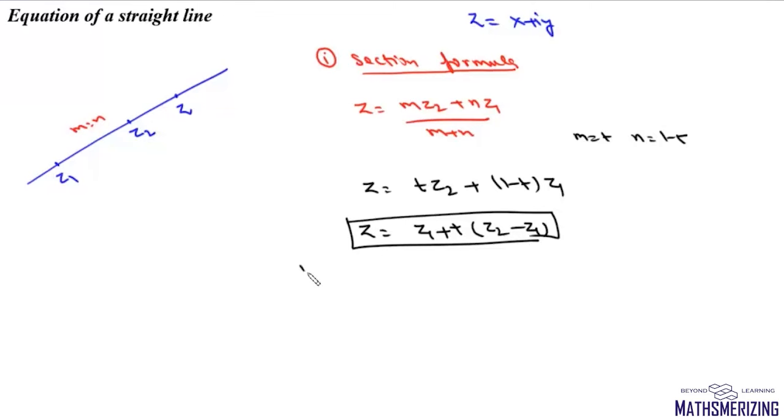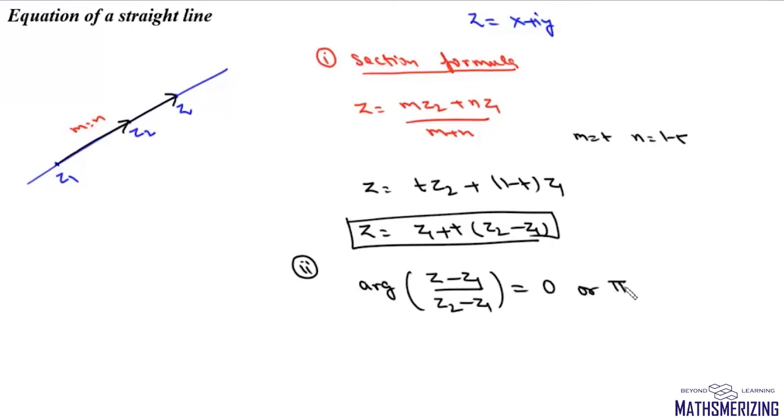Now another way to write the equation of a straight line is using arguments. So we know that if these 3 points are in a straight line, then the argument of z minus z1 and the argument of z2 minus z1 must be in the same direction or in opposite direction. So that means we can write the argument of (z minus z1) upon (z2 minus z1) must be either 0 or pi.